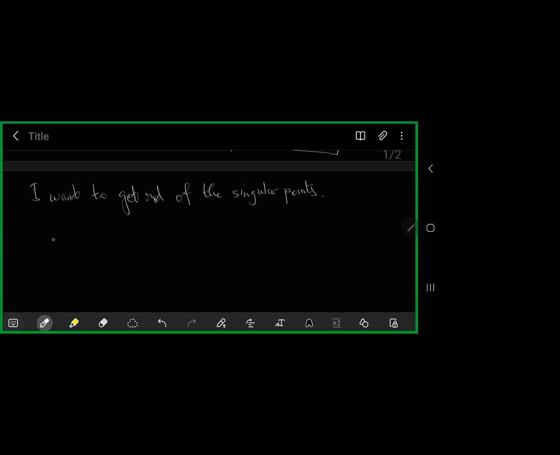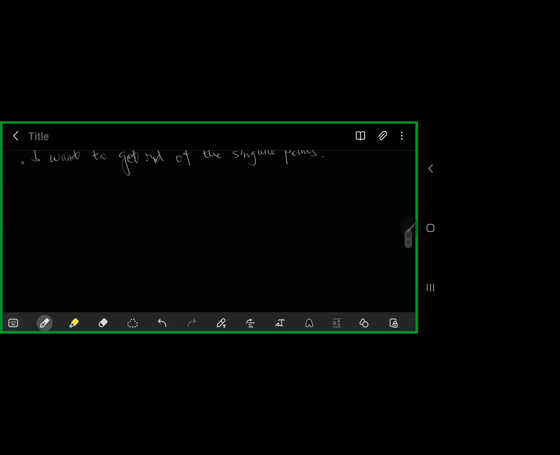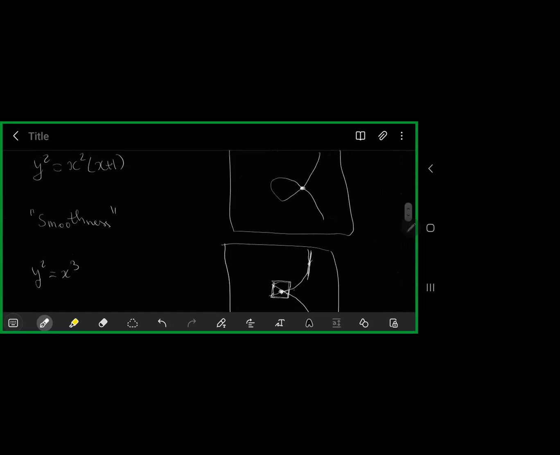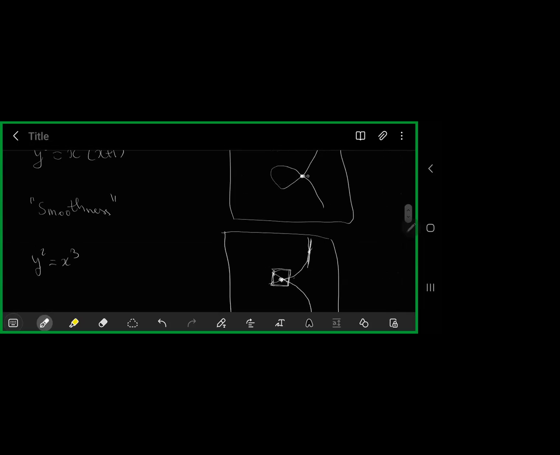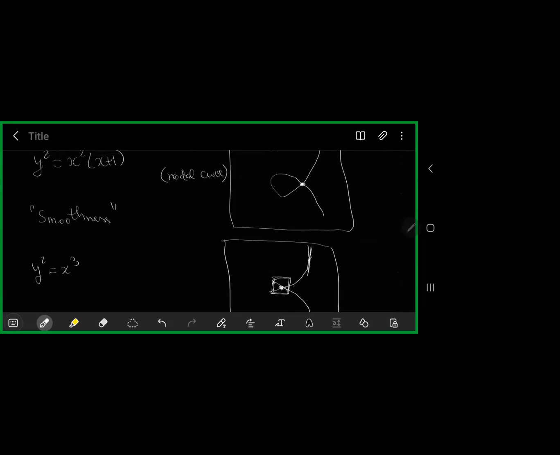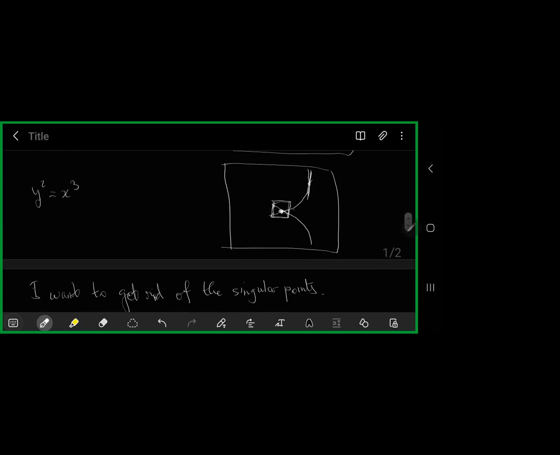And for that, it's best to start from an example. So say I have the nodal curve. This is called the nodal curve. Okay. Let me rewrite the equation, and I want to have the graph again, like this. Say that we consider all the lines that go through this point, like that.